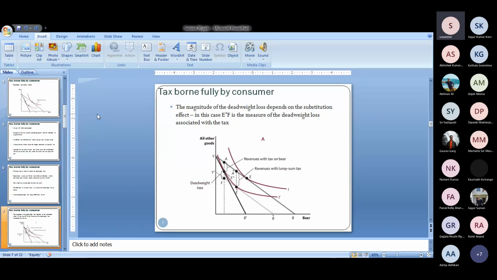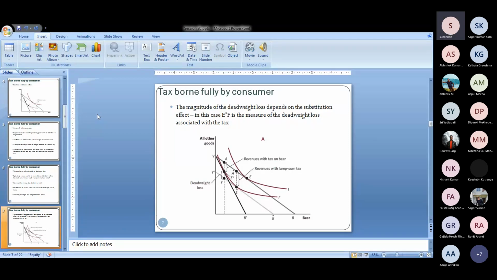But the moment you impose a commodity tax, you are at E star, not at E hat. Now with E star, you have less beer in the consumption basket of the individual, which is to be taxed. So if you can see, A E star, that vertical intercept will give the revenue when you have a tax on the commodity.